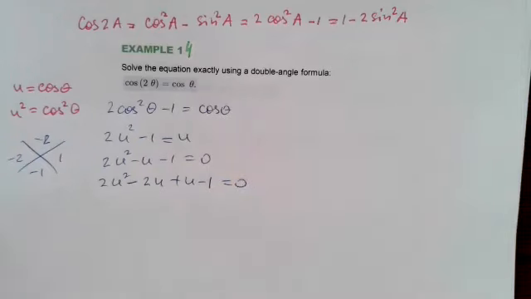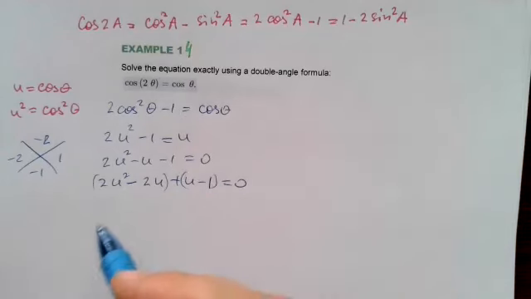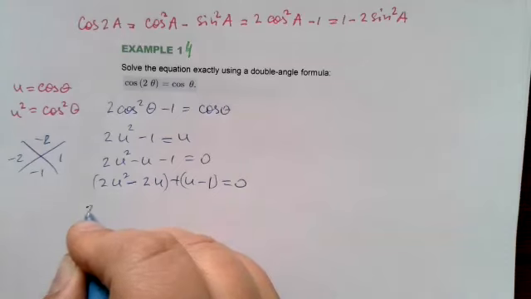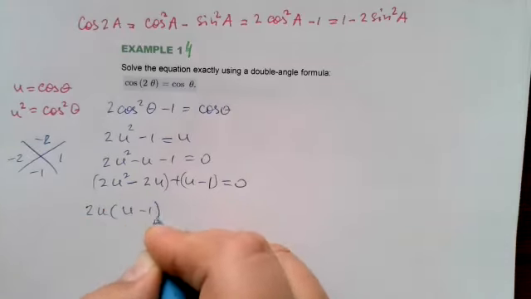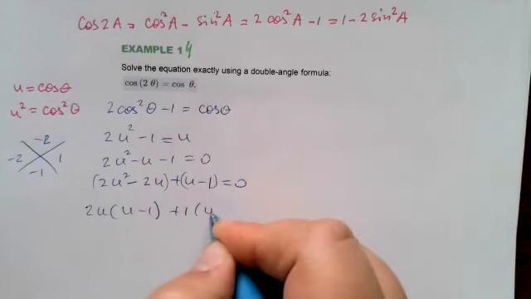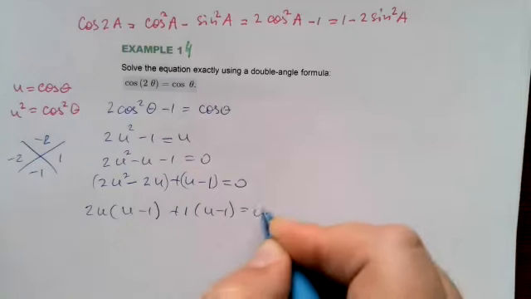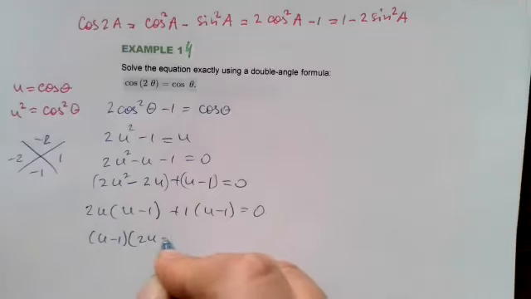And now I'm gonna factor by grouping. I'm gonna do this group and I'm gonna do this group. So I'm factoring out 2u, so I'm gonna have u minus 1, and I'm factoring just 1 out of this group because there's no common factor. Now factoring u minus 1 out, I'm left with 2u plus 1.